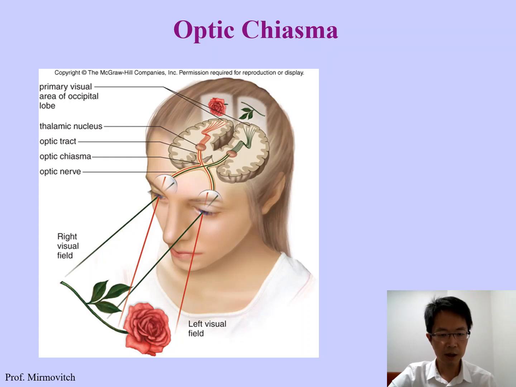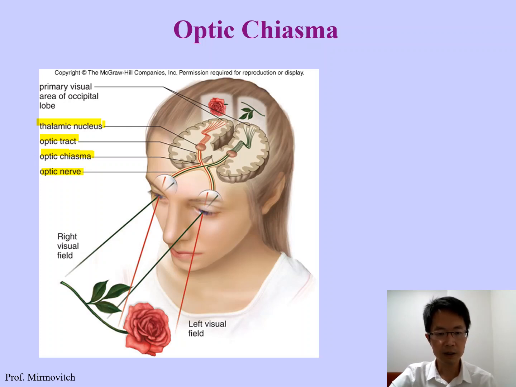So the left and right optic nerves will connect at the optic chiasma, and after the optic chiasma it will split into two optic tracts. The optic tract will go to the thalamic nuclei. That's why I think that it should not go to the hypothalamus.